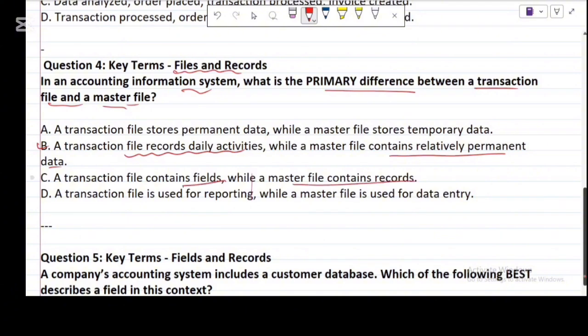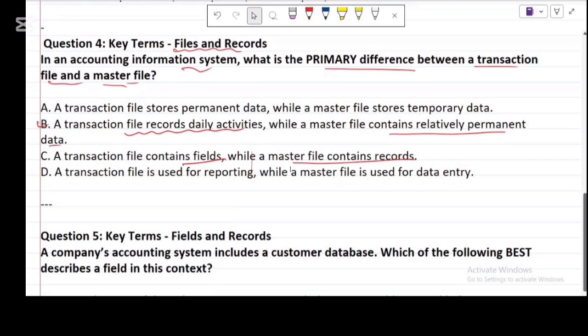This is also not correct, because both files contain fields and records, but the purpose is different. Now option D is again incorrect, because both files contribute to reporting, and master files are not primarily for data entry. So these are the reasons why option D is not correct.